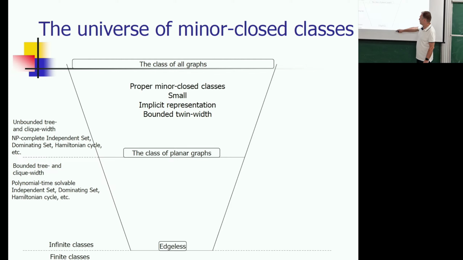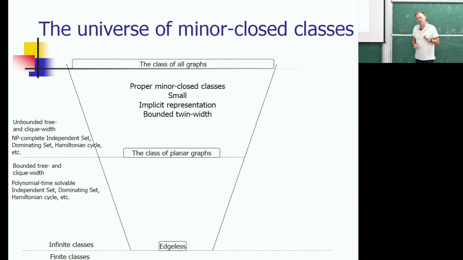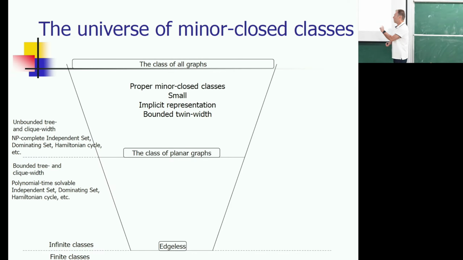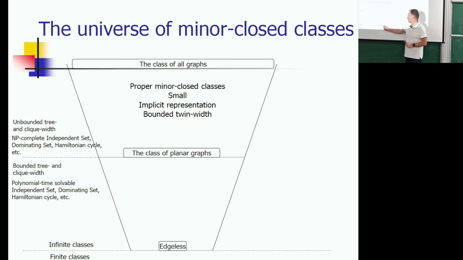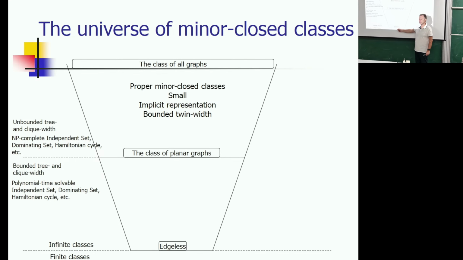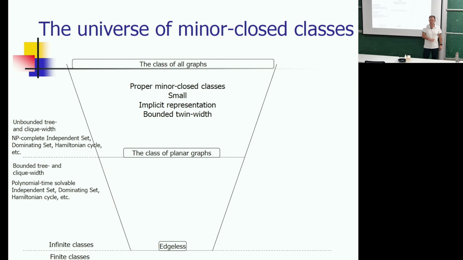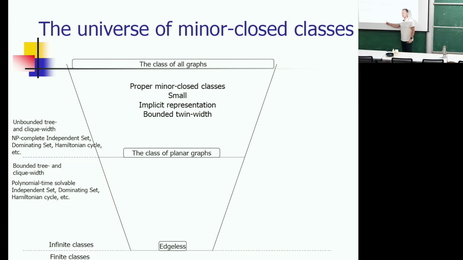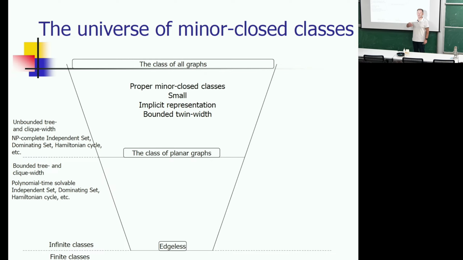At the bottom of this hierarchy we find the class of empty or edgeless graphs. And this class is also critical in the following sense. If you have a minor closed class of graphs containing all empty graphs, then it's infinite. And if you exclude an edgeless graph from a minor closed class, it's finite, because by excluding an empty graph, you also exclude all graphs containing it as a subgraph.